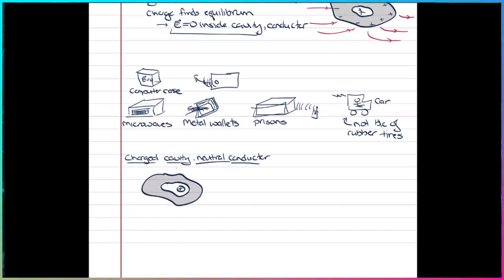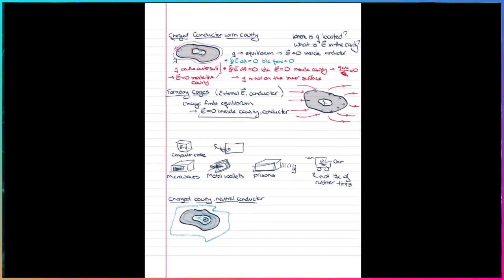You might try it on your own, drawing Gaussian surfaces in the cavity, just inside the cavity, along the edge inside the conductor, and outside the conductor, and thinking about which are going to have 0 net flux, 0 charge enclosed, right? And take the conductor to be neutral, so there's no net charge in the conductor, but there's this charge inside the cavity. Which of these results follow through?